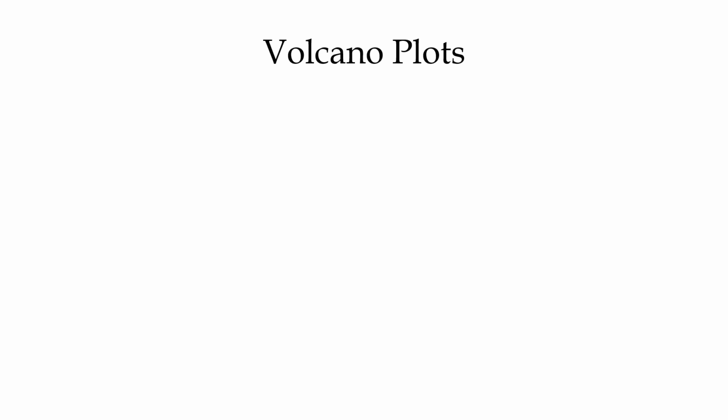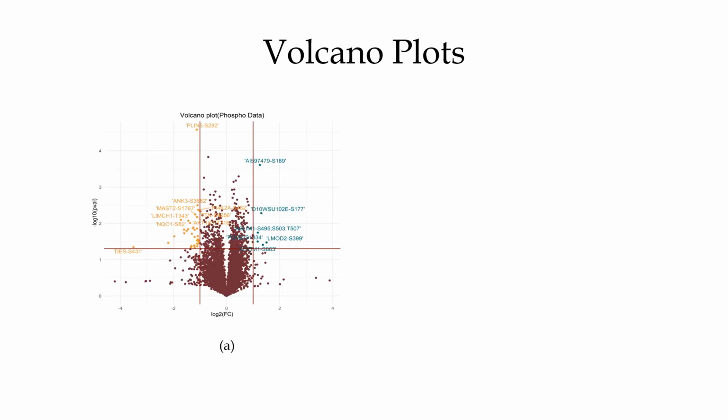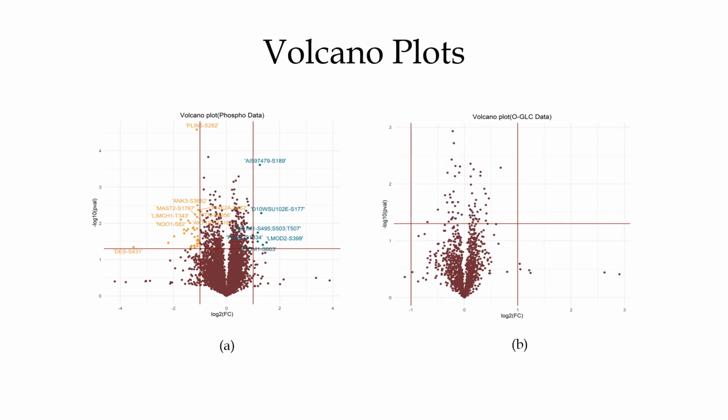The data on both phosphorylation and O-GlcNAcylation are normalized based on how much the protein is expressed. In this volcano plot, the x-axis shows the fold change after log transformation, and the y-axis shows the p-value after the minus log transformation. The figure shows the places where the fold change is greater than 2 and the p-value is less than 0.05.